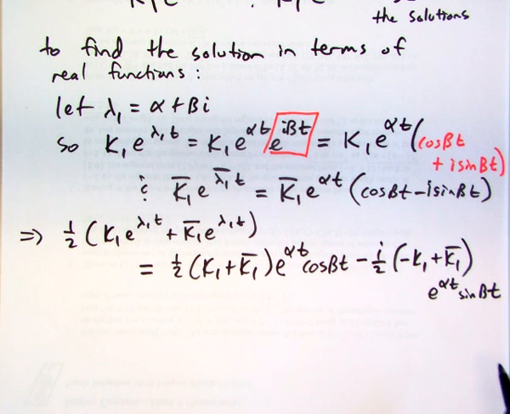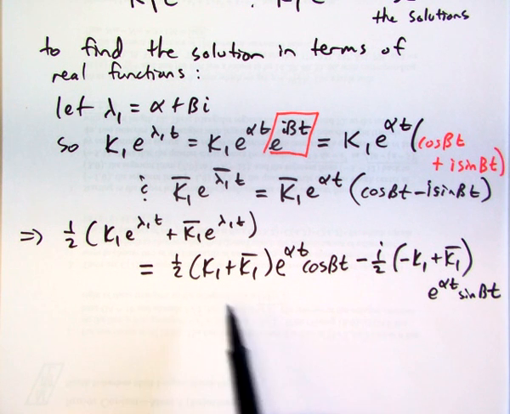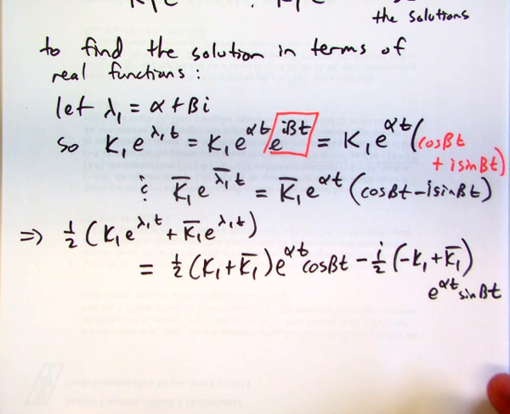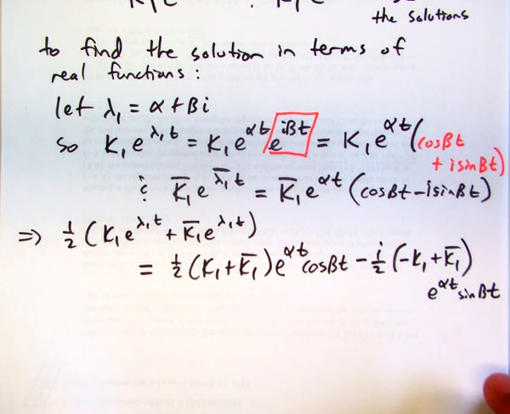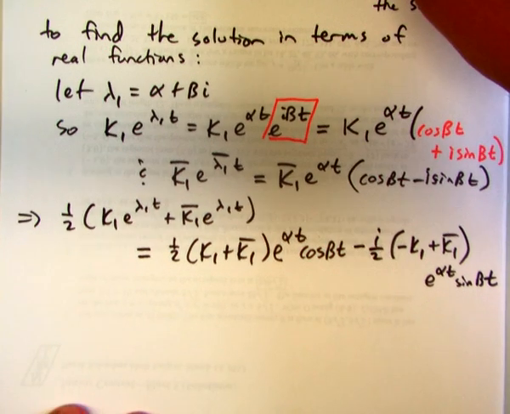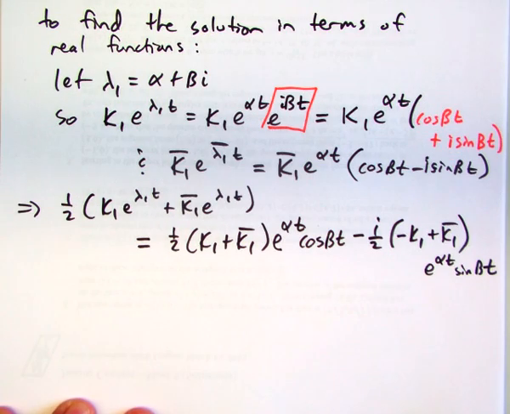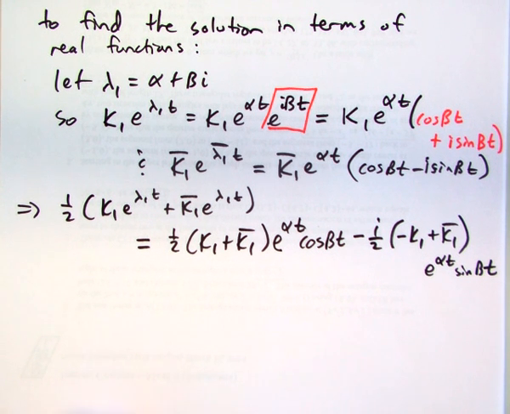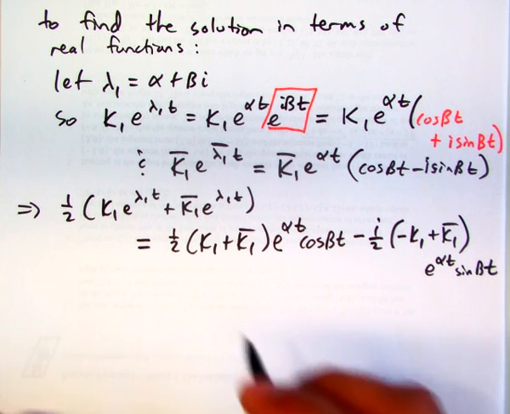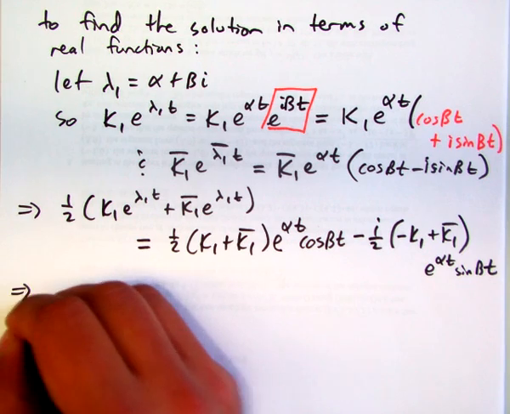Okay, now what that allows us to do is look at these and have real coefficients now. And now if we do the same thing, let's do i over 2.